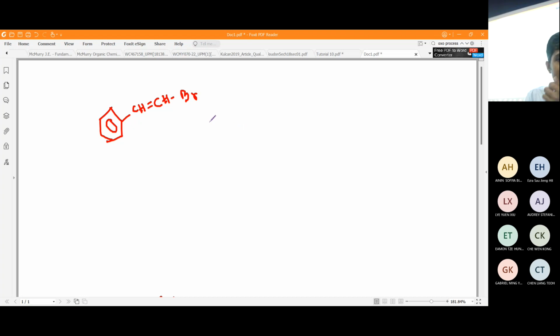I am adding potassium hydroxide, or sodium hydroxide or any other strong hydroxide base, at 200 degrees centigrade. So what will happen? Tell me, is it an SN1 or SN2 reaction?